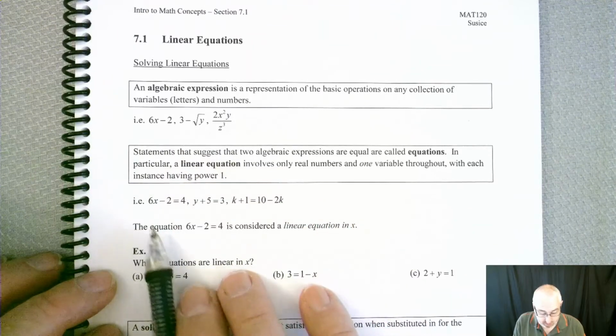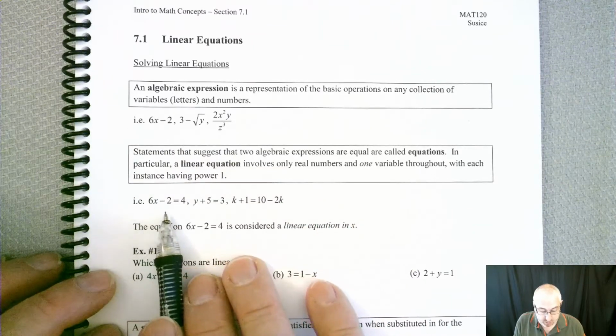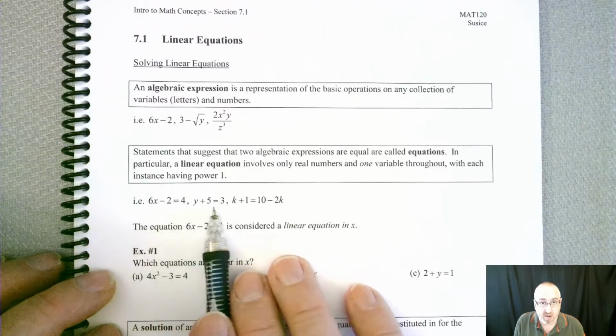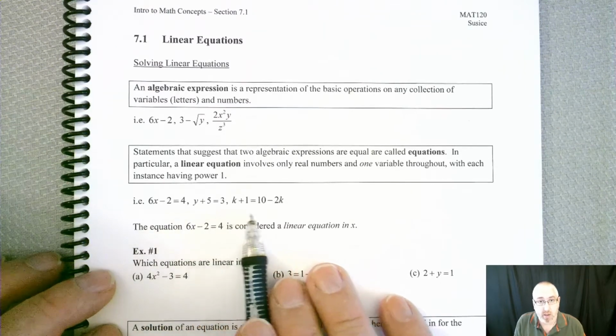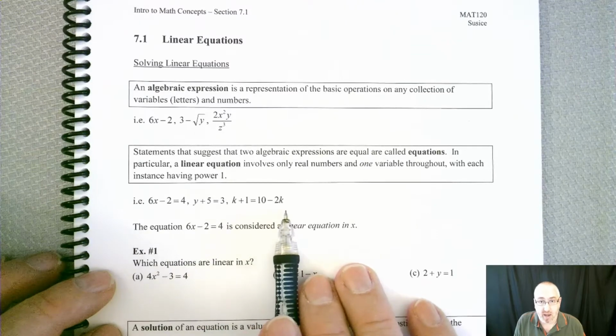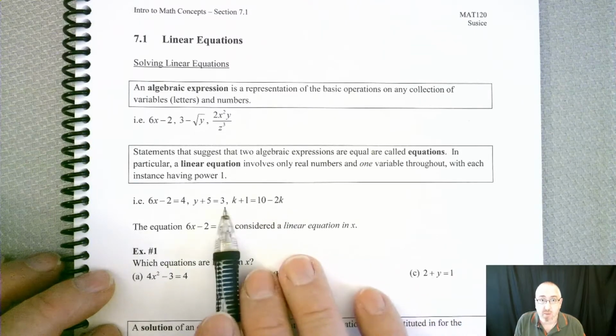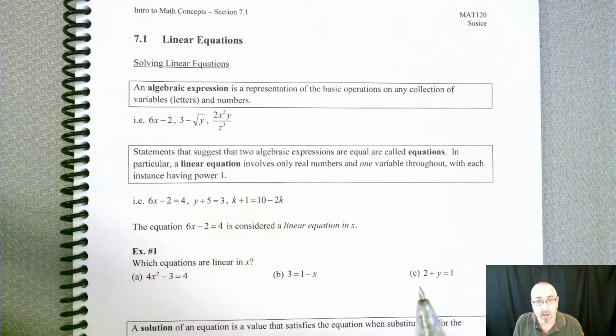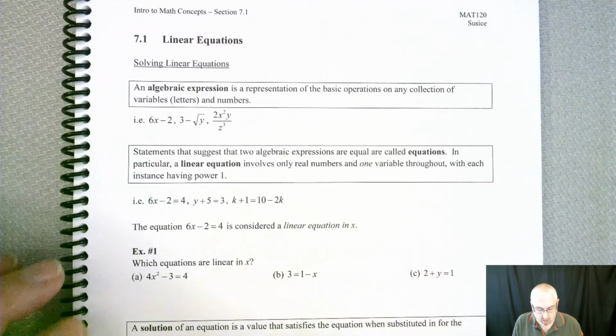So what are we going to see? Well, 6x minus 2 equals 4. y plus 5 equals 3. k plus 1 equals 10 minus 2k. Even though we have multiple instances of this k, that's all right. So we're going to have problems like that as well.